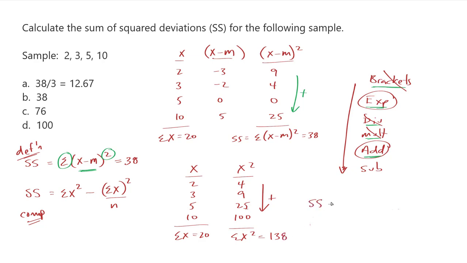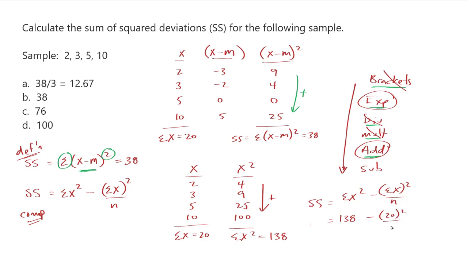So the sum of squares is the sum of x squared minus the sum of x in brackets squared over n. I know now that the sum of x squared is 138. The sum of x in brackets is going to be 20.